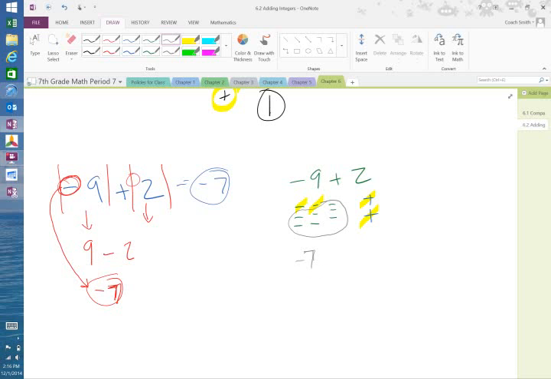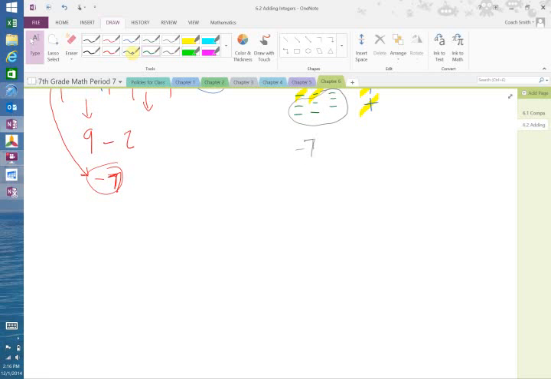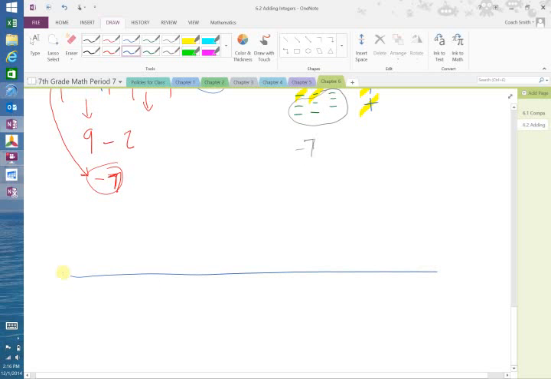The other way to look at it is on a number line. If I have a number line and here is 0, and I look at the problem, -9 plus 2.